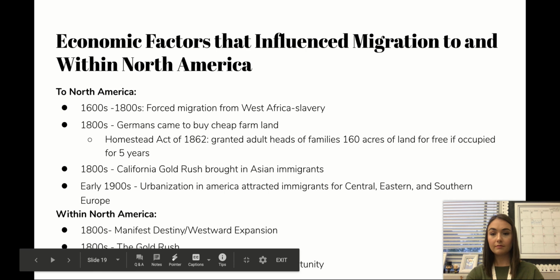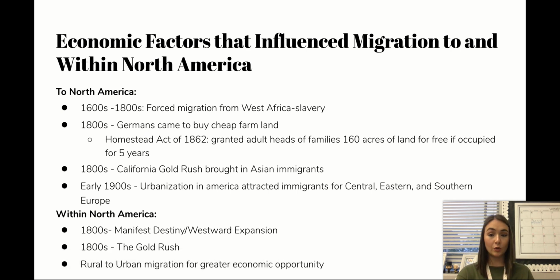So, a few large migrations within North America. In the 1800s, again, because of manifest destiny and westward expansion and the Homestead Act, we have lots of people moving from the east to the west. That is how the West begins to be settled.